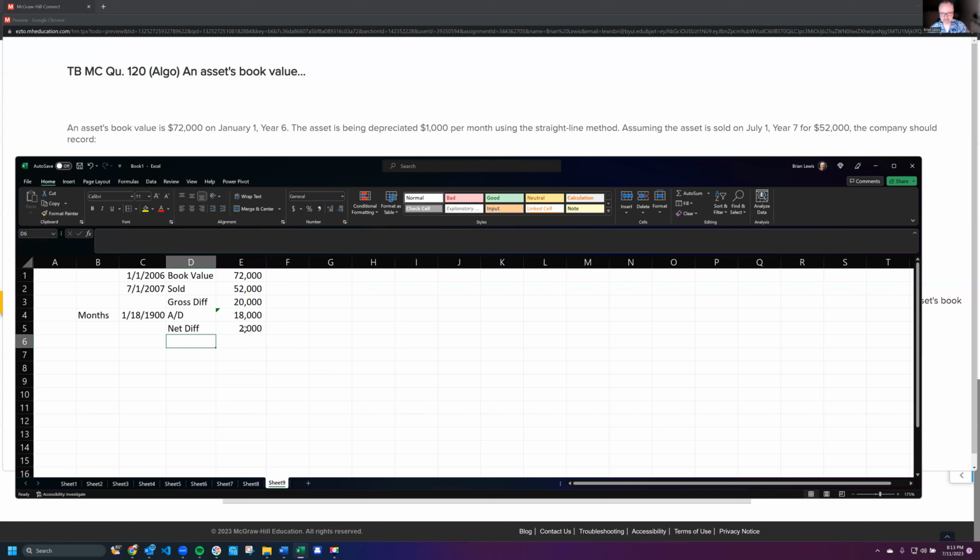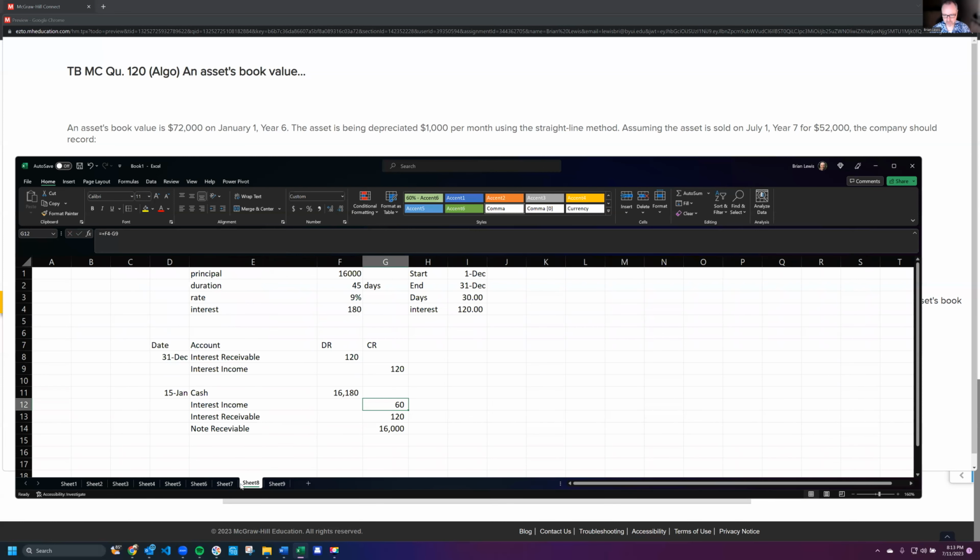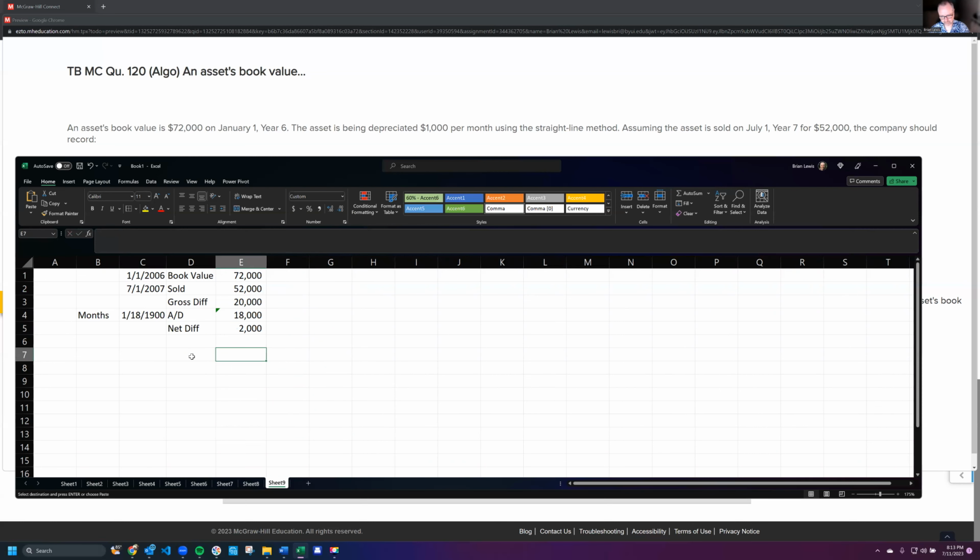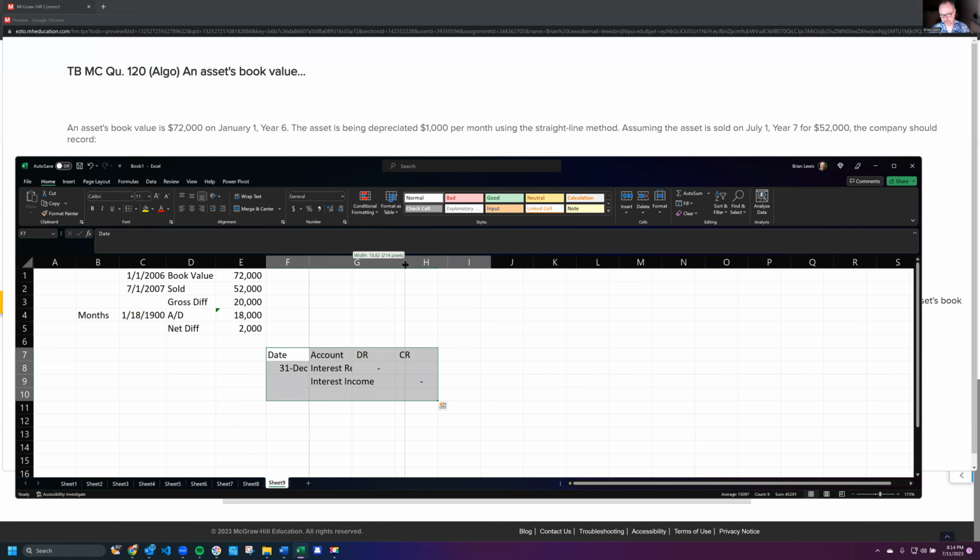Okay, so now we have a couple of values to work with. We can see if we can figure this out. What do they want to do? The company should record. Okay, so when it was sold. So once again, we go back to our journal entry. Let's move this over so I can make this a little bit bigger, easier. Okay.